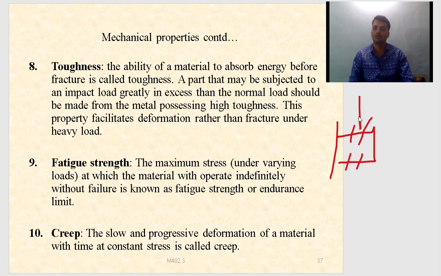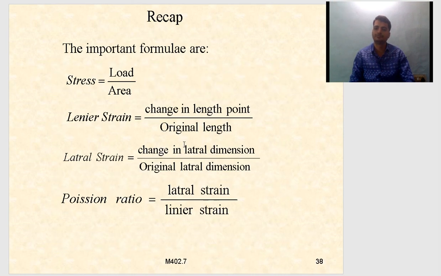When we apply a load on this rod, deformation takes place over time, with the load acting continuously. After some years, it will break. The slow and progressive deformation of a material is called creep.